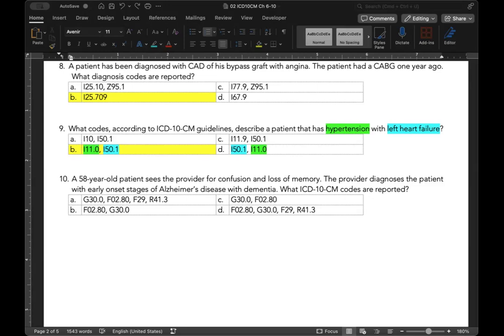And then it gives us two codes, right? It gives us G30.0 and then F02.80. And then you can see that it says, see also dementia and other diseases specified elsewhere, right? So let's go look at the G30.0.